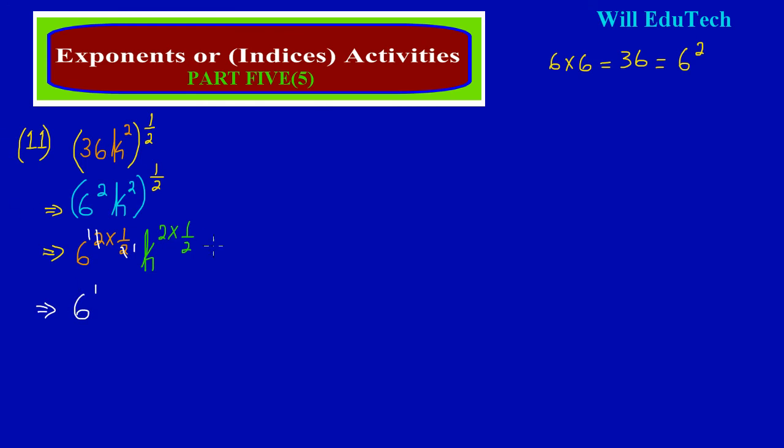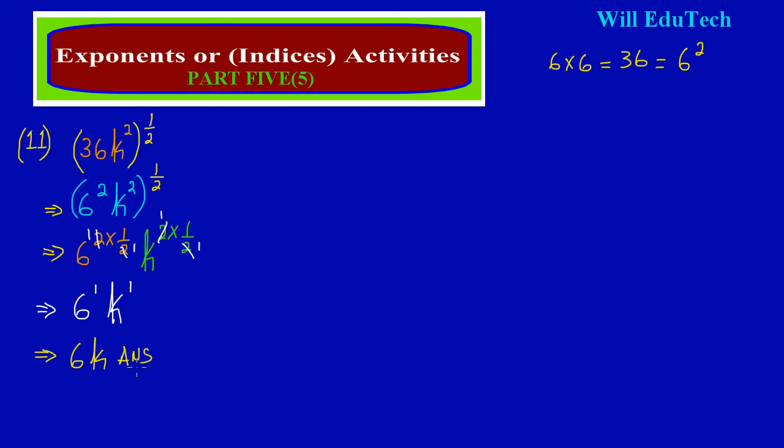And also for the k, 2 into itself goes once, so k is being raised to the 1 times 1, that's 1 also. So 6 to the 1 power and k to the 1 power can be written as 6k in its simplest form. And that's our answer.